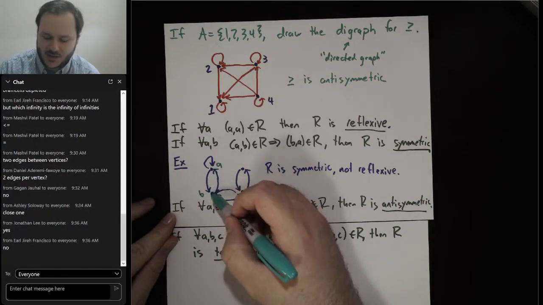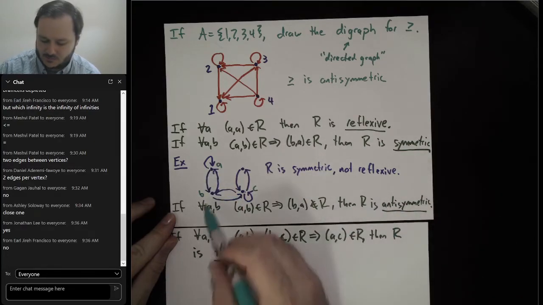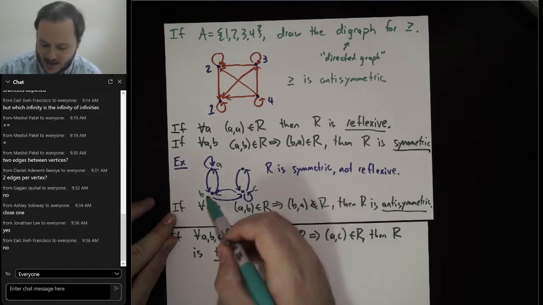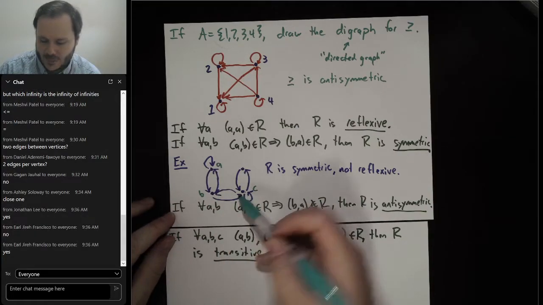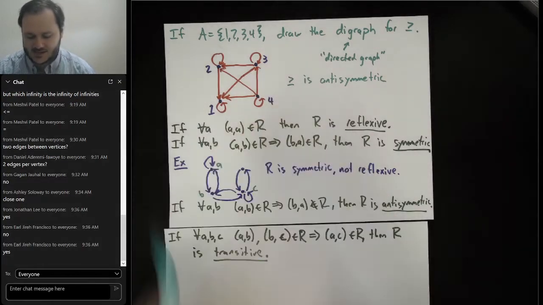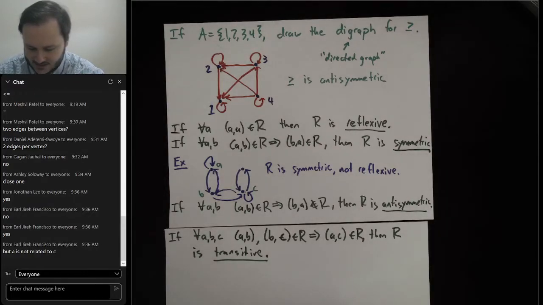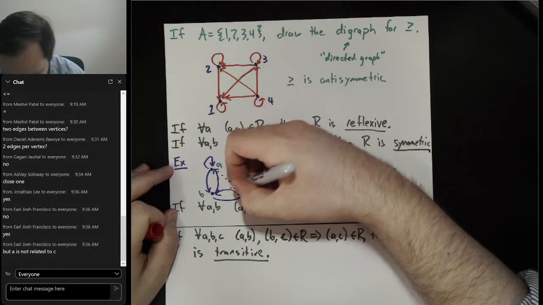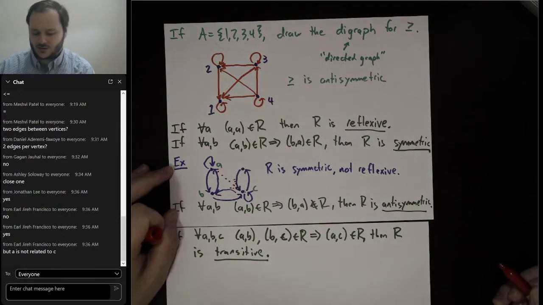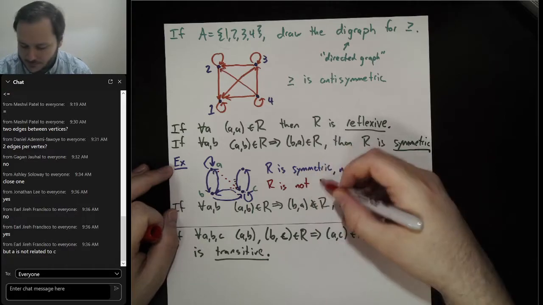A is related to B because there's an arrow from A to B. Is B related to C? Yes, there's an arrow from B to C. But is A related to C? A is not related to C. There's no arrow there. So R is not transitive.